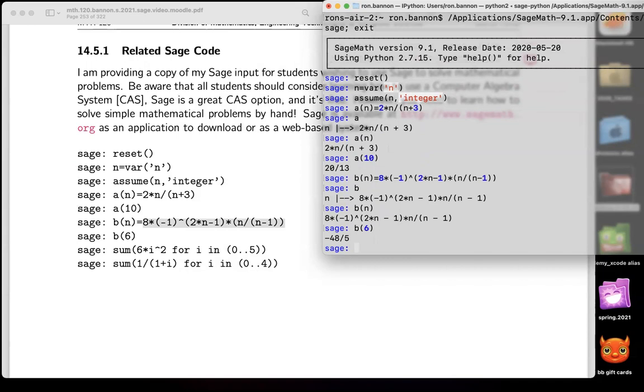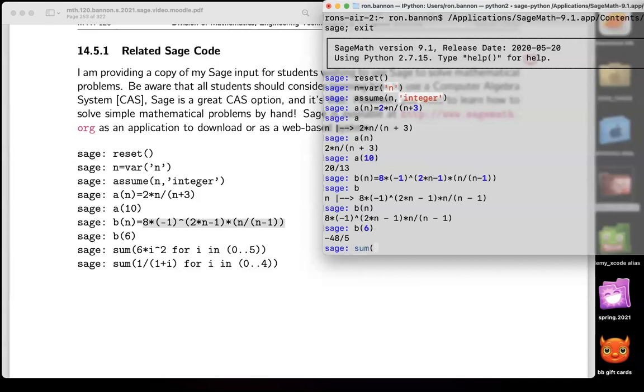All right, the next topic is summations. Summations are nice to be able to do by hand, certainly, adding things together. But when things get difficult, and I'm not saying this is a difficult one, I'll tell you what we're doing.